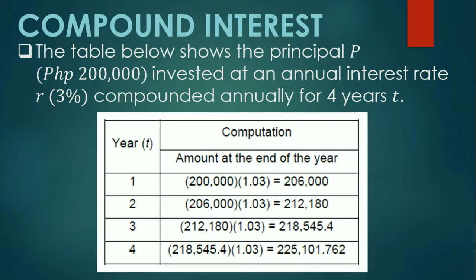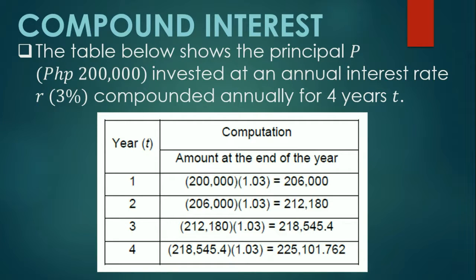Sa pangalawang taon naman, kung napapansin ninyo, yung future value ng unang taon, which is the principal and the interest of that year, yun yung ginamit, yun yung parang kinonsider as the new principal. Okay, so 206,000 times 1.03, we have 212,180.